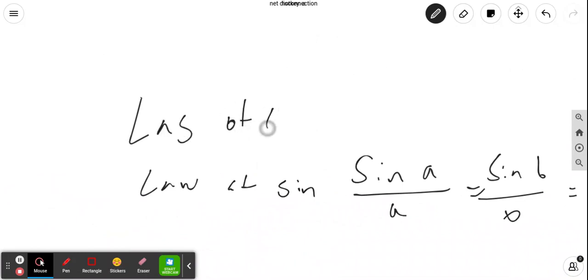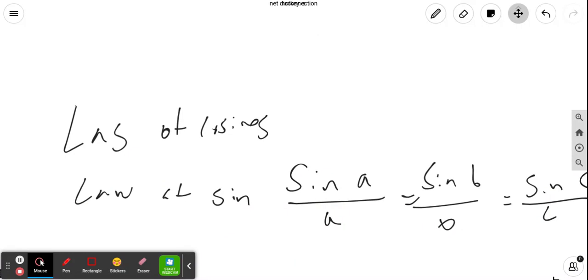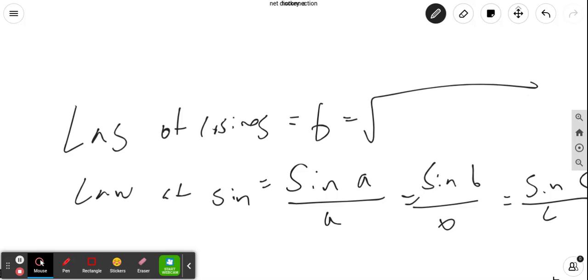Law of cosines. Oftentimes in the ACT there's not a formula sheet like that, but it might be given in the problem. I think it's b squared equals a squared plus c squared plus, I think it's 2... Here's the more general formula.